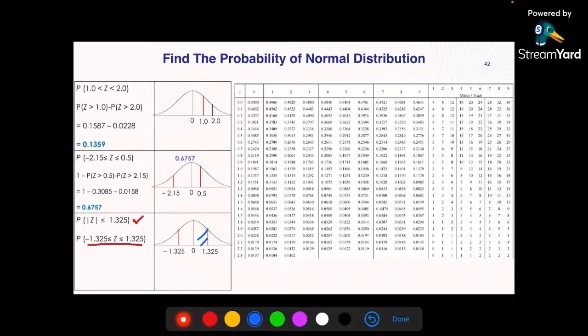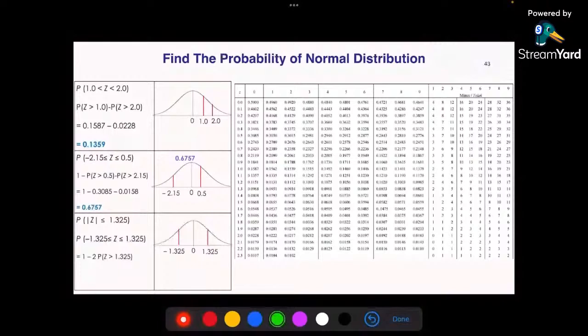Again, nampak 1 minus the echo one. Minus this tail, the green one. But the green one tu 1.325, 1.325 memberi nilai yang sama. So what we write is like this. So 1 tolak 2 PZ greater than 1.325. So kita baca from the graph here, 1.325, 1.325.